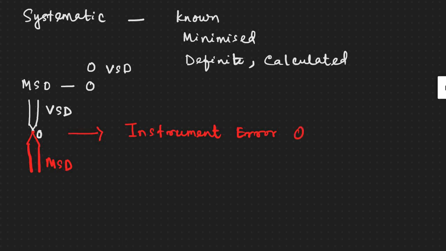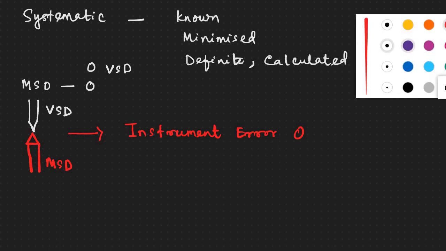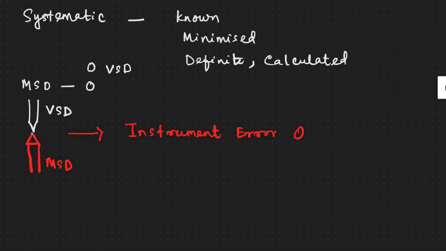But sometimes it happens that the point of contact is here and the 0 of the main scale is there. Okay, now they are not coinciding. As you can see, the red point, to emphasize it, I will do with another color. Now for red the point is here, for the white one, the VSD one, the point is here.